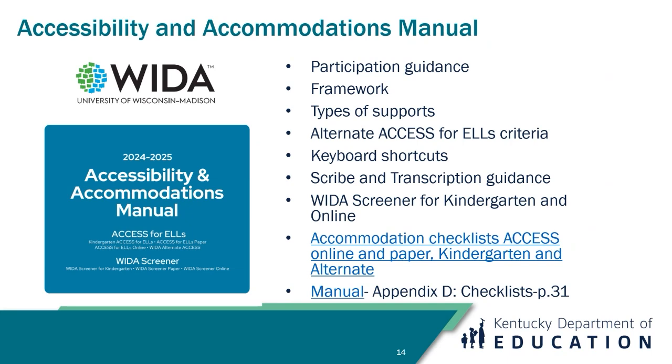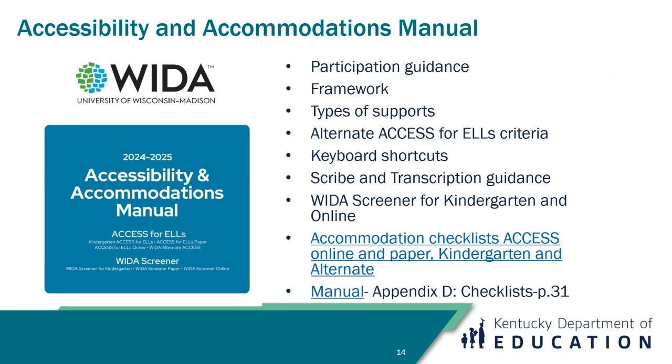So I've given you exactly where to go to get those forms, and it goes through and tells you what accommodations the student can have on both the WIDA Screener for kindergarten and the WIDA Screener online if they have an IEP or a 504.